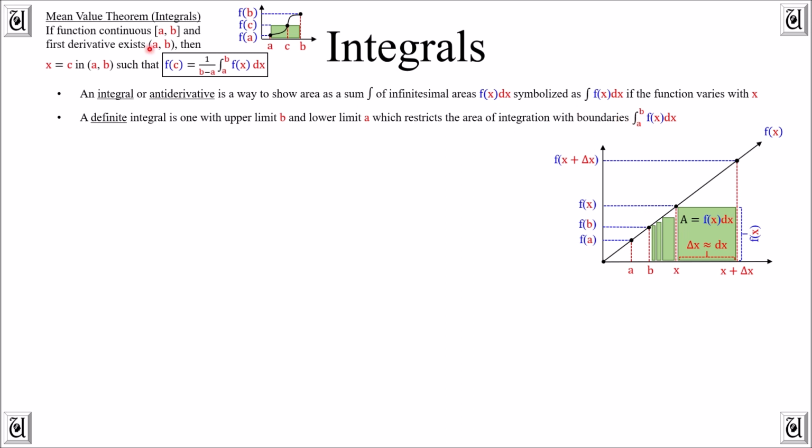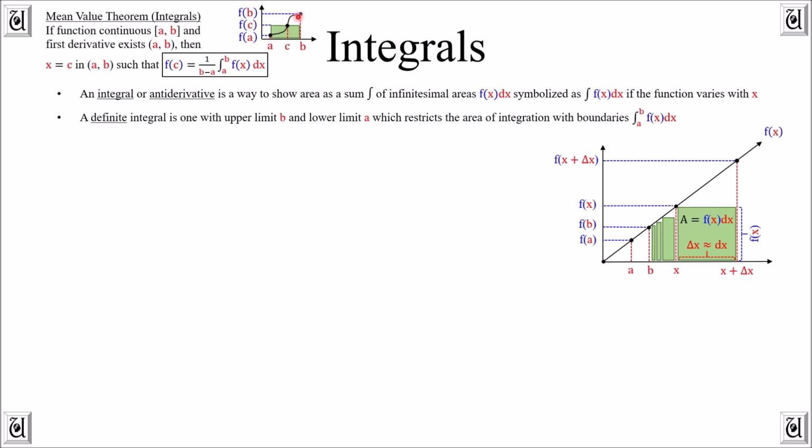We can also look at the mean value theorem for integrals. That's pretty much saying that if a function is continuous on a to b, and you also have that first derivative existing, then there's got to be some value c here where it corresponds to this f of c, and it pretty much is drawing out this rectangle for us, and that area of that rectangle has got to be equal to the area under the curve.